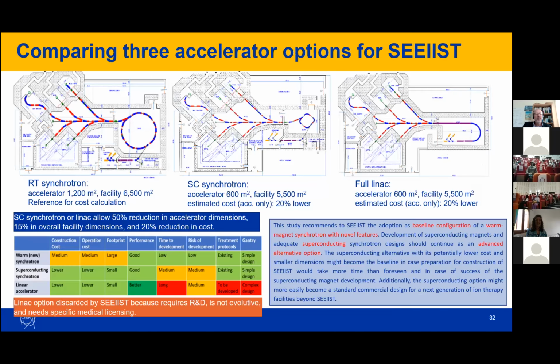We have compared the different options, and you see here three layouts based on a conventional synchrotron, a superconducting synchrotron, and a linear accelerator.